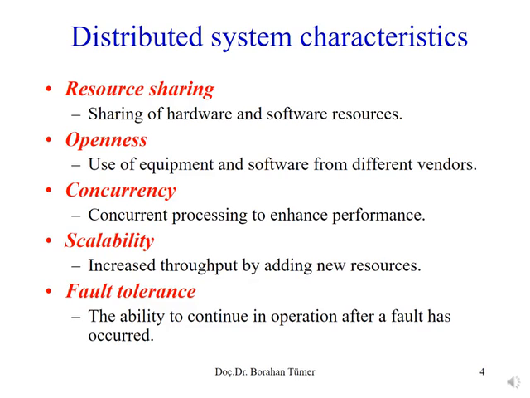The resource sharing ability of a distributed system shows how it allows the sharing of hardware and software resources that are associated with computers on a network. The openness property of the distributed systems shows that they are designed around standard protocols that allow equipment and software from different vendors to be combined.